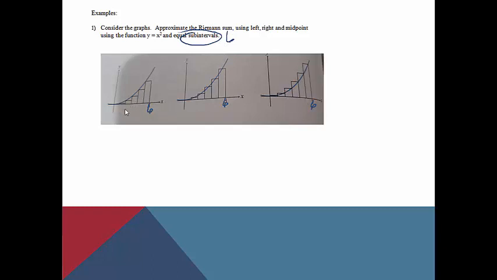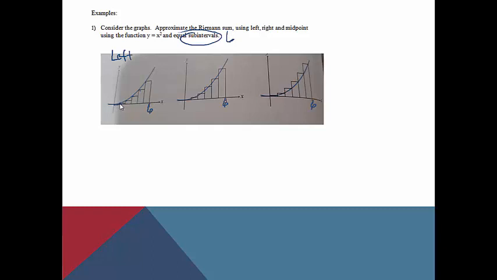The first thing I want to point out is which method we'll be using for each. This first one is going to be a left endpoint sum, because the rectangles that were drawn were using the left endpoint of each interval. Here was the left endpoint. Notice the height of that rectangle would be nothing because it starts at 0.